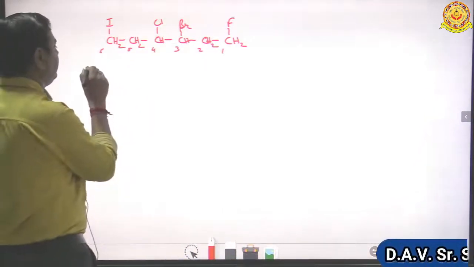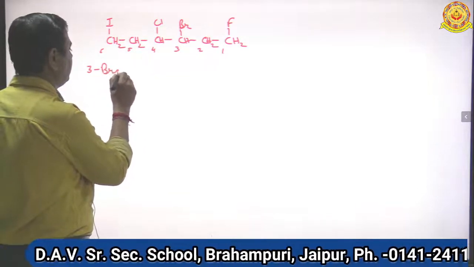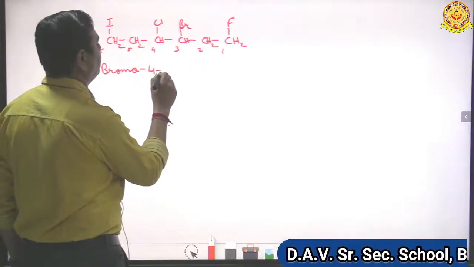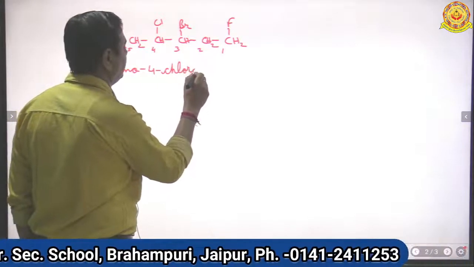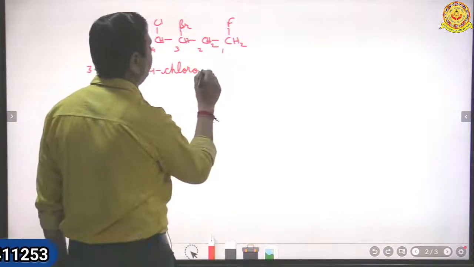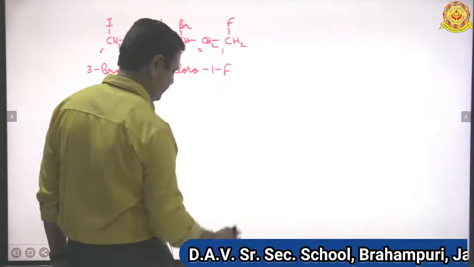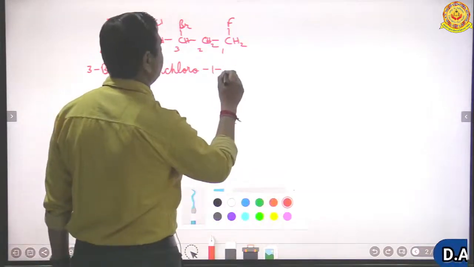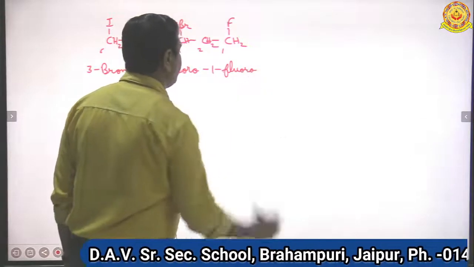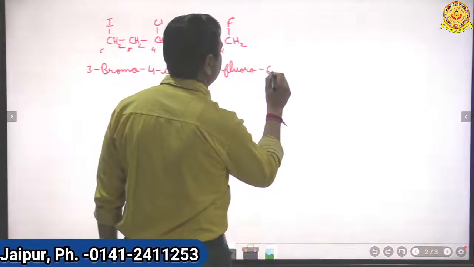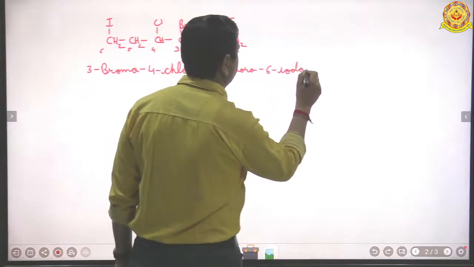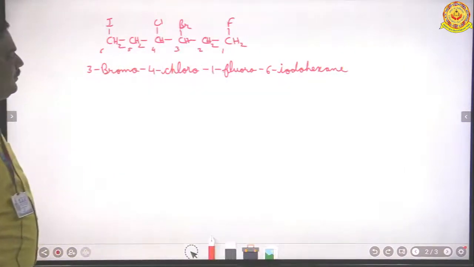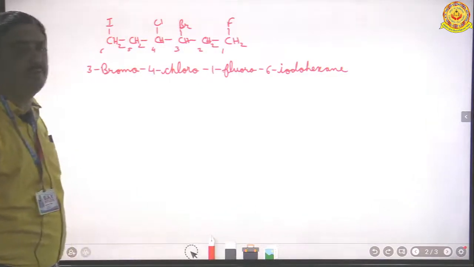So it will be 3-bromo, then chlorine, 4-chloro, then F, 1-fluoro, 6-iodohexane. 3-bromo-4-chloro-1-fluoro-6-iodohexane. Okay.